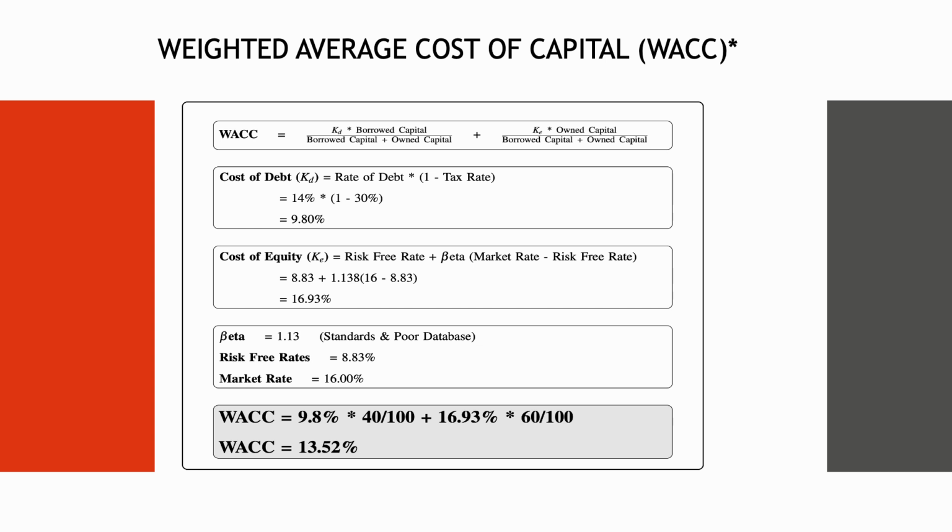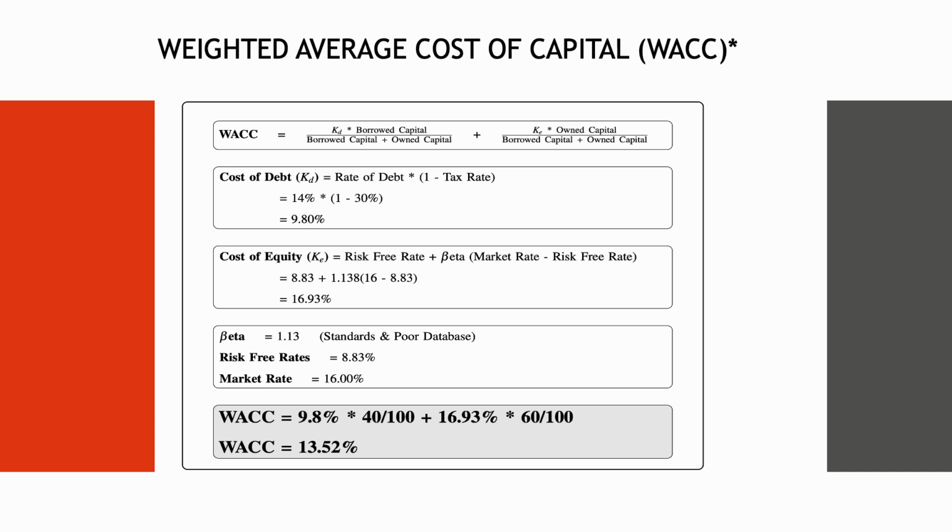For our purposes, we have taken the rate of debt as 14%, which includes the rate the bank charges and also any fees, commissions, and other expenses that you have incurred while closing this loan facility. Let's say the tax rate is 30%. Therefore, the net cost of debt, KD, is equal to 14% into 1 minus 30%, and that gives you 9.8%. So, your KD is 9.8%.